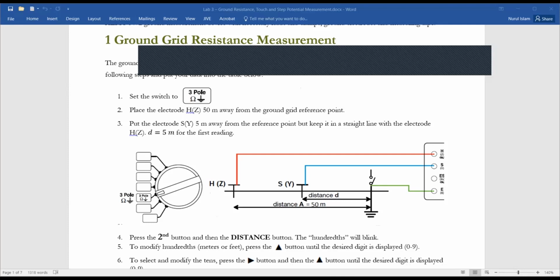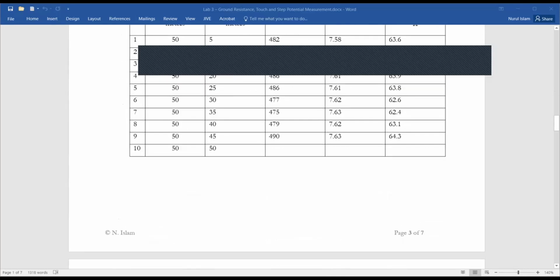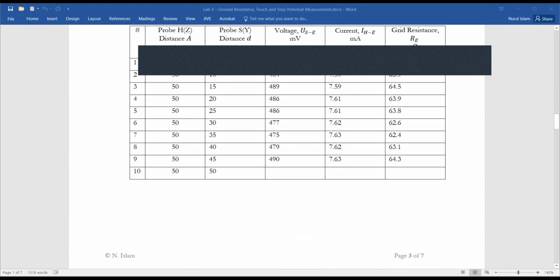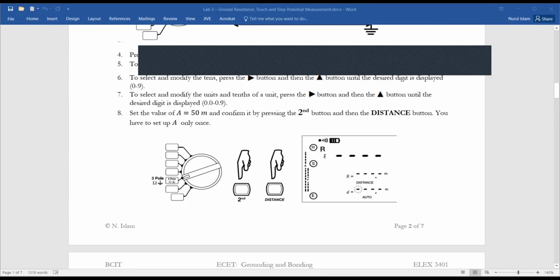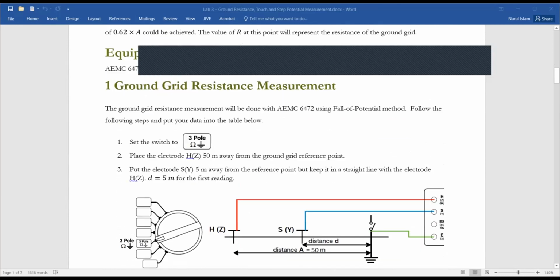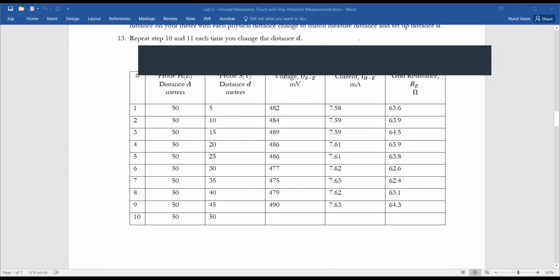All right, now using this data table with 9 different resistance values, what will be your ground grid resistance? You cannot use all of them.